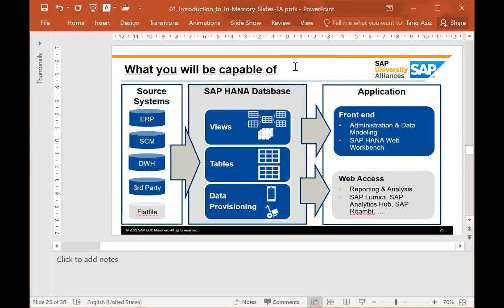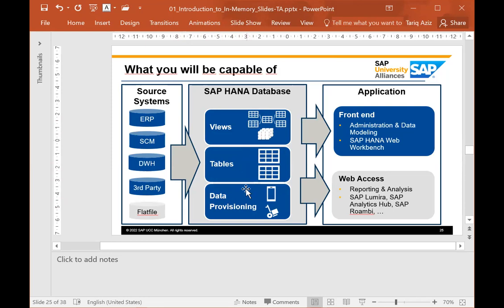What you'll be capable of is that we can access the data from any source into HANA. HANA has tables. First of all, we do the data provisioning. We provide the data, then we put the data into the tables, then we create the views.